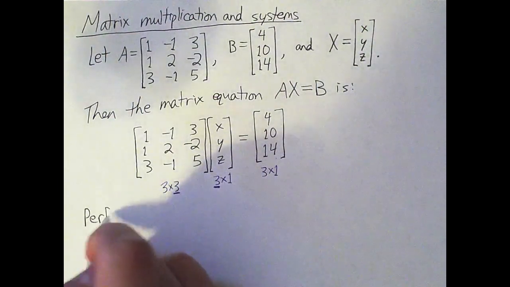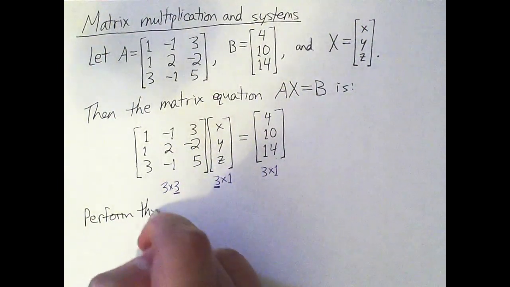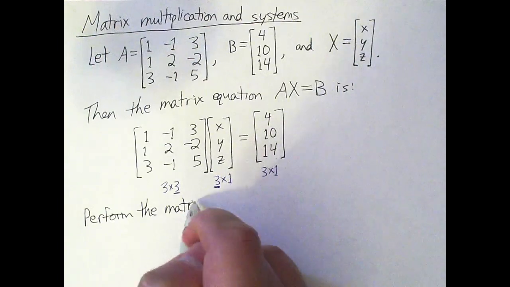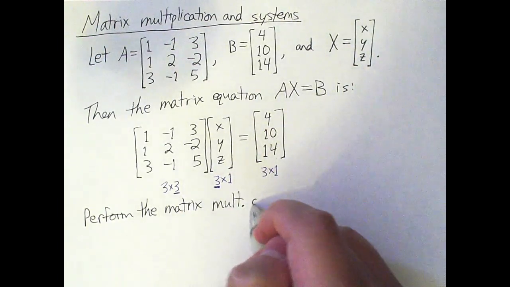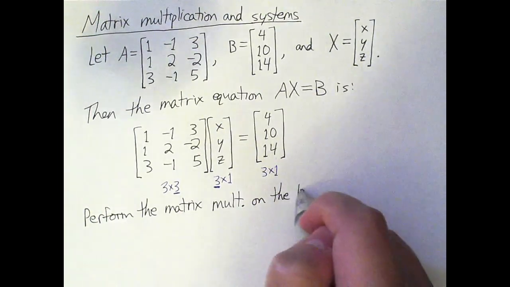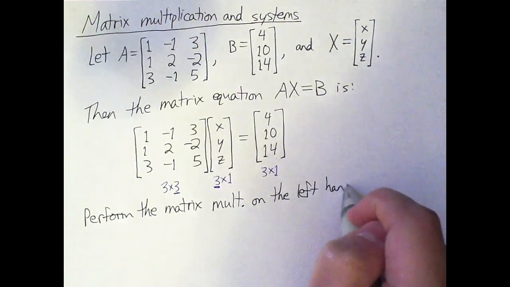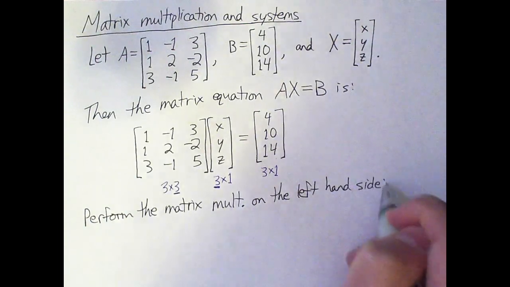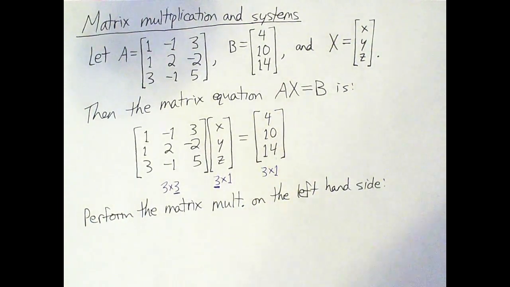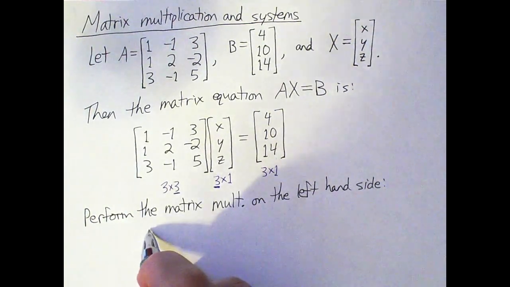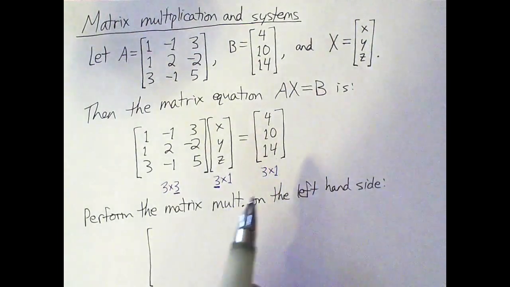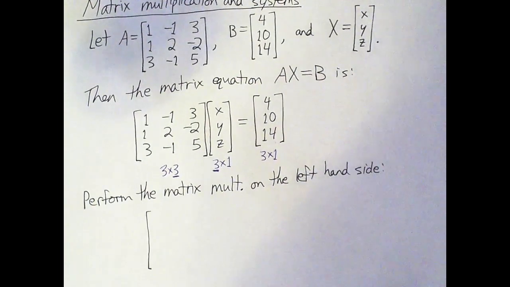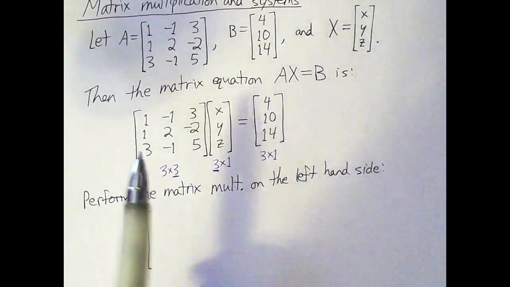If we perform the matrix multiplication on the left-hand side of that equation, what do we get? I'm just focusing on the left-hand side right now. We're not going to use the right-hand side right now.